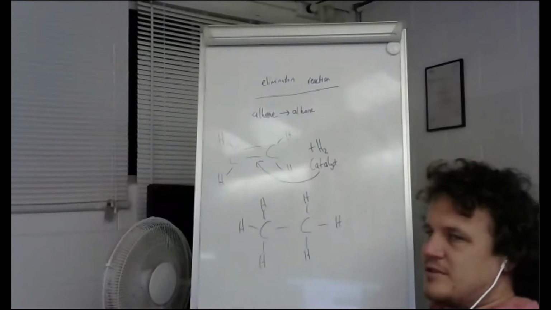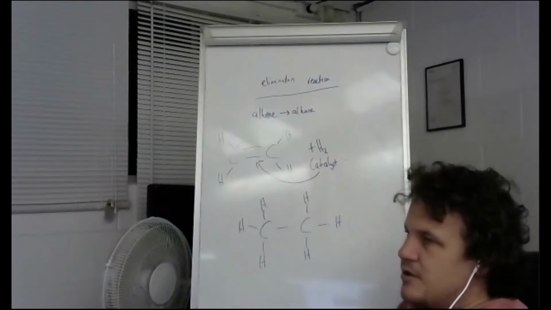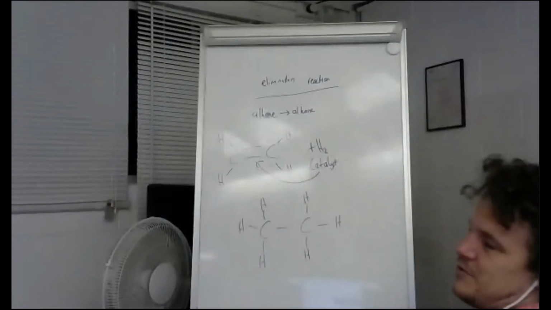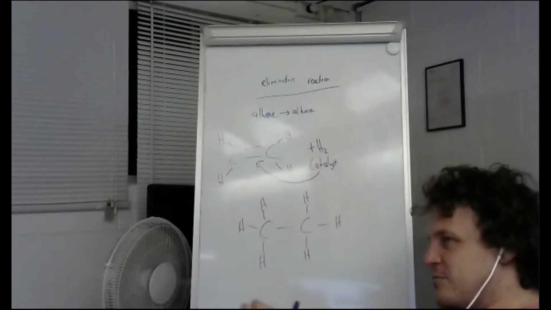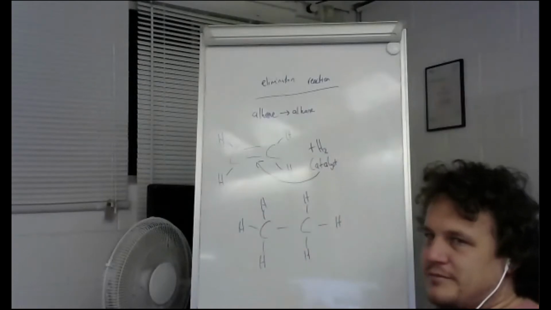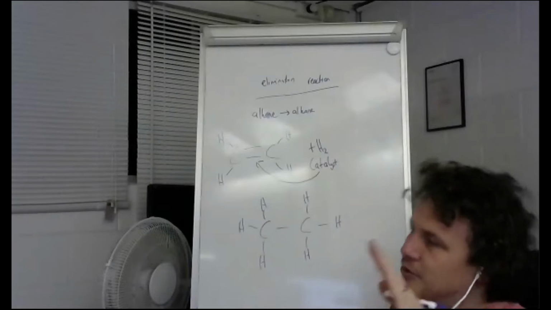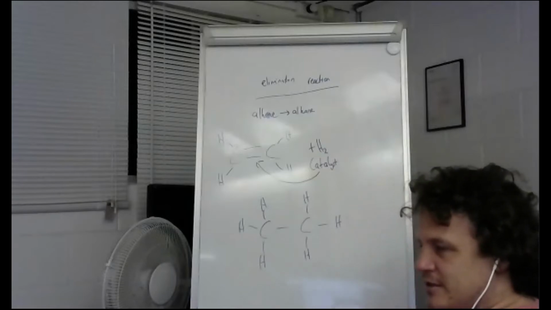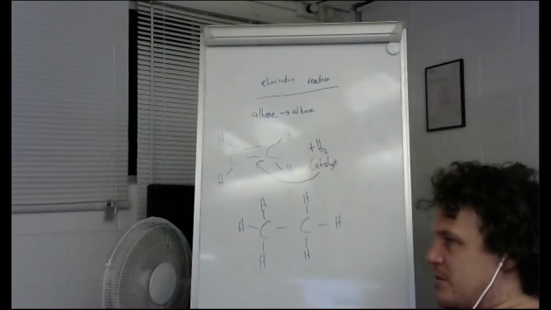Have a read through the slides. Your teacher will go through it as well. But just remember to be logical. If it's a substitution reaction, you're replacing one functional group with another. Just look at what's being reacted. Remember your functional groups and remember the polarity.